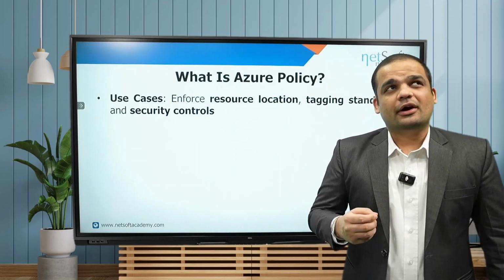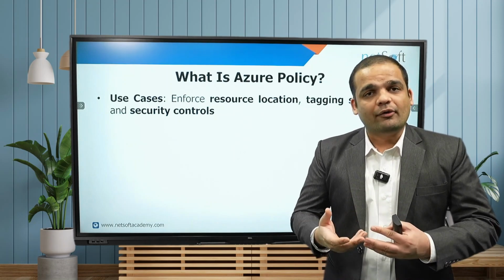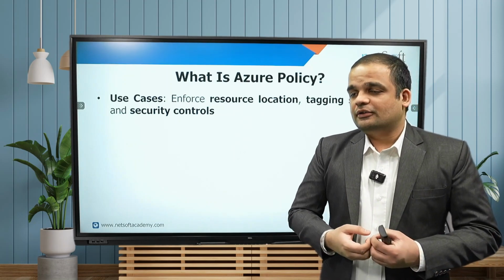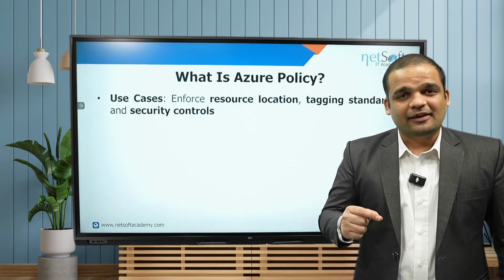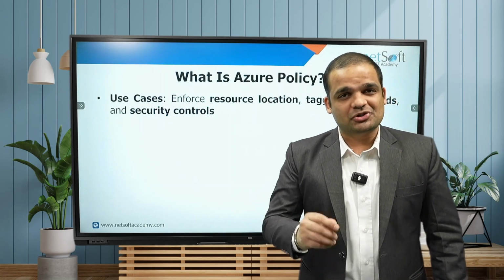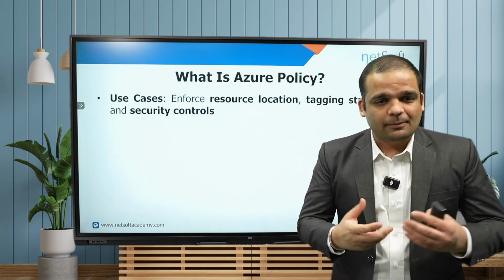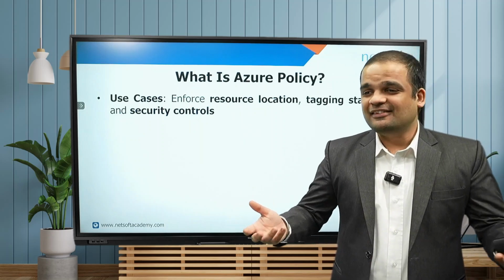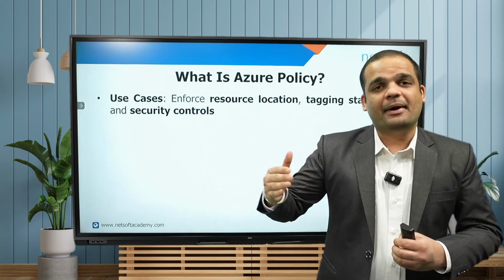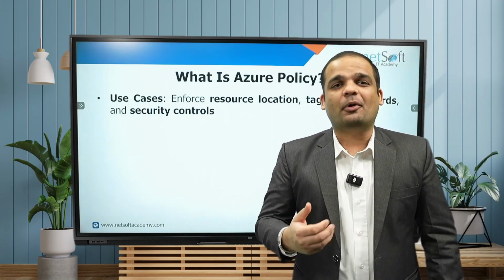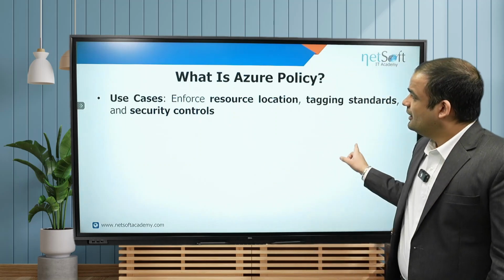You can also enforce security controls, such as requiring encryption on the creation of any new virtual machine. So if you apply this policy, anyone who wants to create a virtual machine has to encrypt it. You can also apply a backup compulsion, meaning someone who wants to create a VM must have a backup. So these are your policies which create restrictive boundaries.